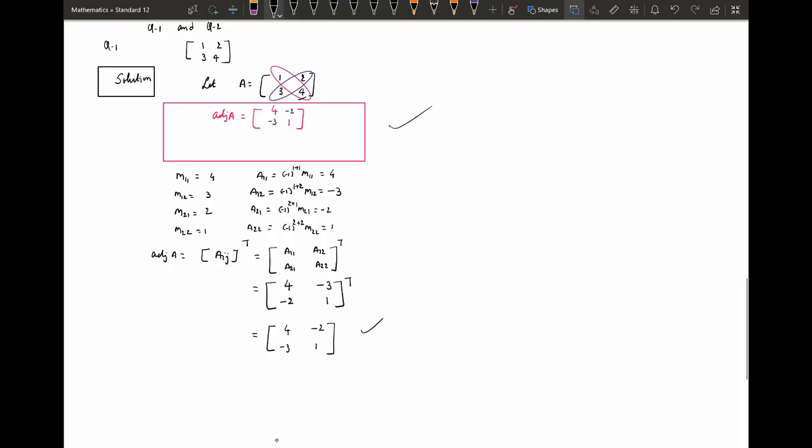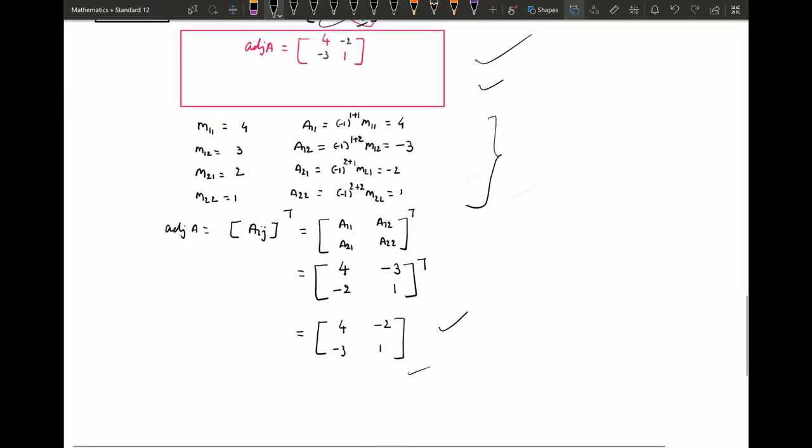According to the shortcut for 2 by 2, interchange the entries of the principal diagonal, 1 4, here we have interchanged to 4 1, and change the sign of entries in the subsidiary diagonal. So this is the shortcut to find adjoint A for a 2 by 2 matrix A. Otherwise for 3 by 3 you have to use the regular method.